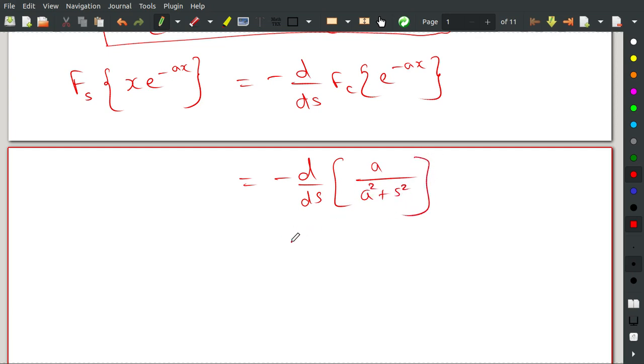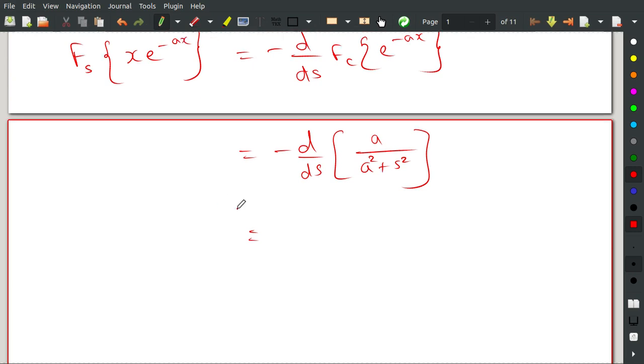and upon differentiation we have to use our u by v method. So if we use our u by v formula, then we have this minus sign of this one.